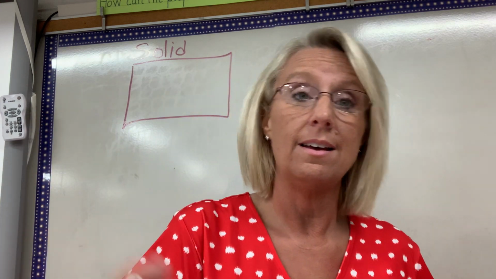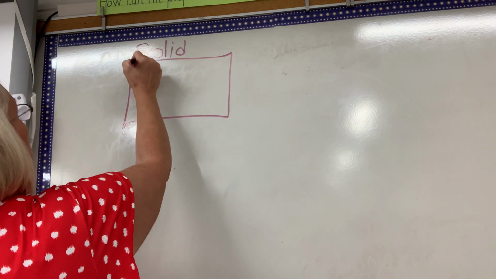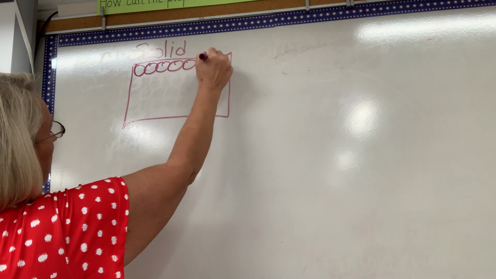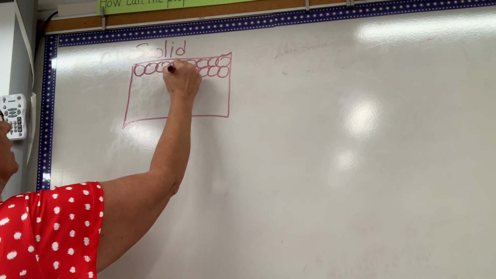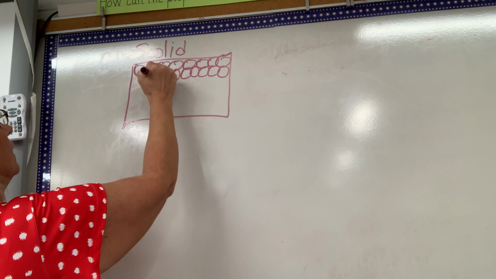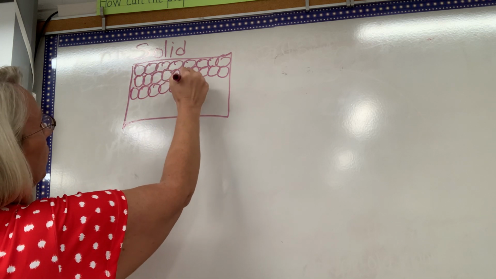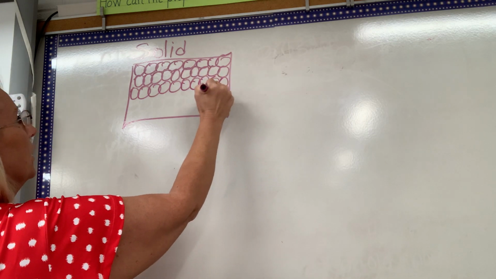So what we're going to do now is we're going to fill in our solid box. And I like to use circles. And we're going to put them tightly together. With very little space in between. So they're kind of going to be touching each other.